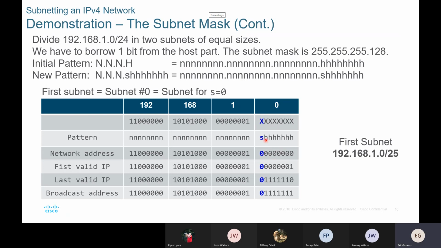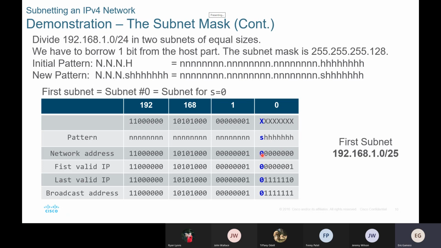You see all the host bits, I have 7 host bits, I change them to 0. So if I pass this binary number into decimal, what will be this number? It will be 0. So the network address will be 192.168.1.0, which is the first IP address of the network.